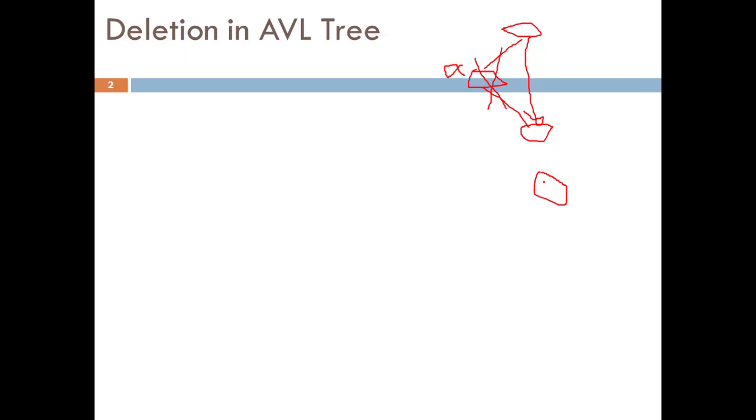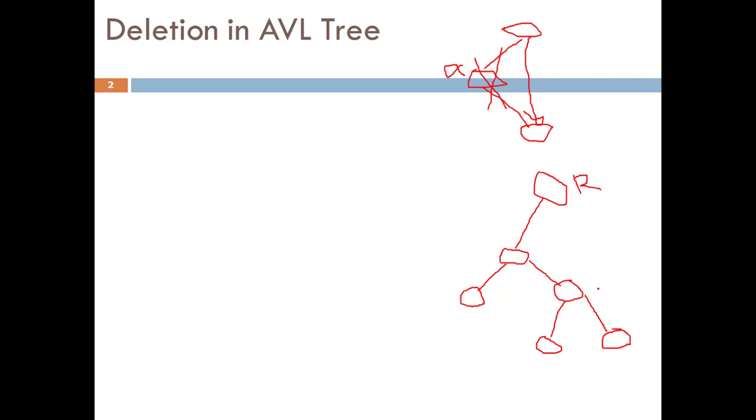Another case was where the node to be deleted has two children. For example, this is a binary search tree. This is a root node, like this one, and this one.